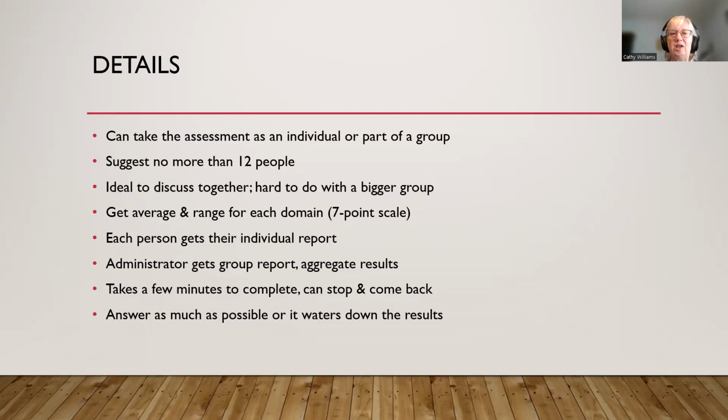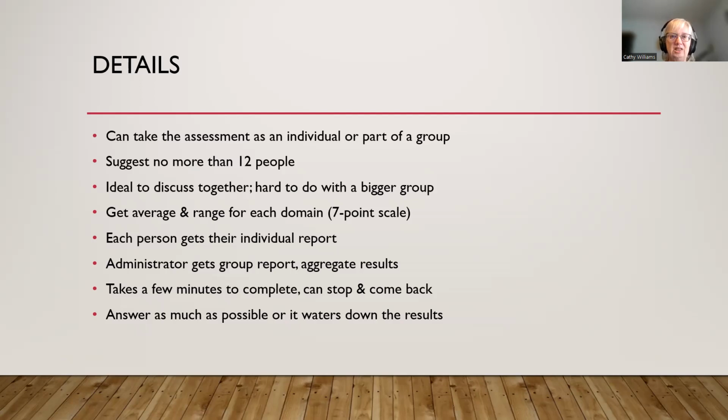Say you had your 12 people do it, and your scores might have been all over the board. One person said we were horrible at that, and one person said we're doing really great at that. But for the most part, your range probably won't be the whole 7 points. It will be anywhere from a 4 to a 6 or whatever it was. And then you get what the average was.